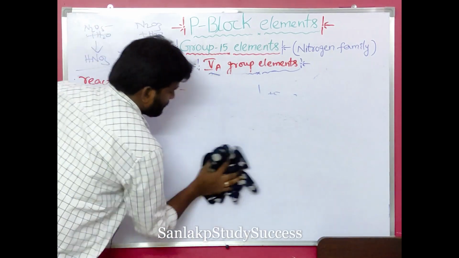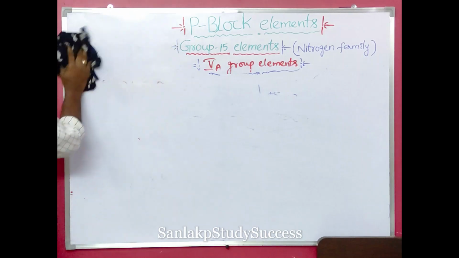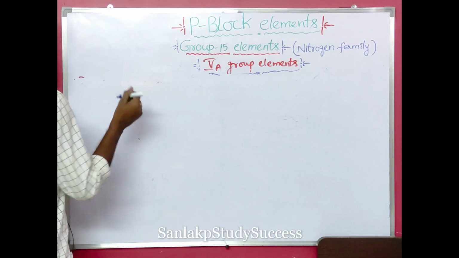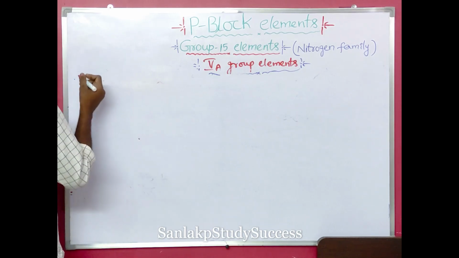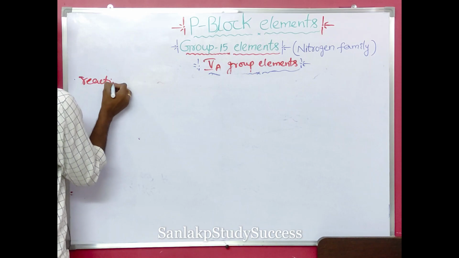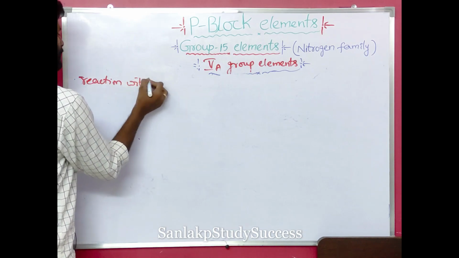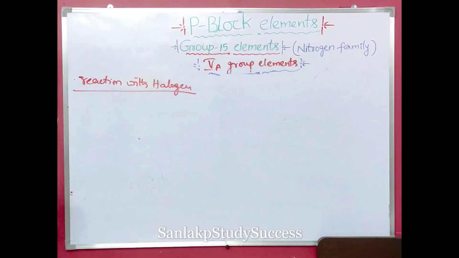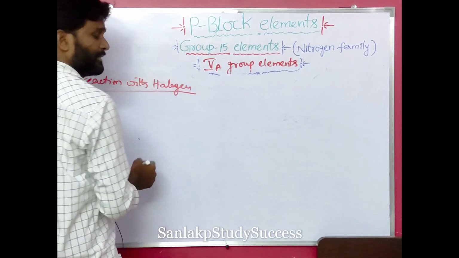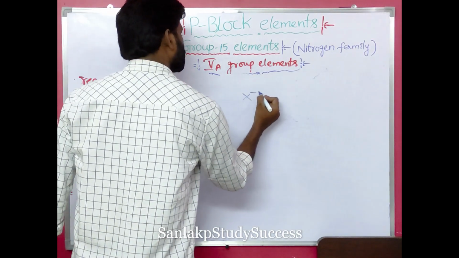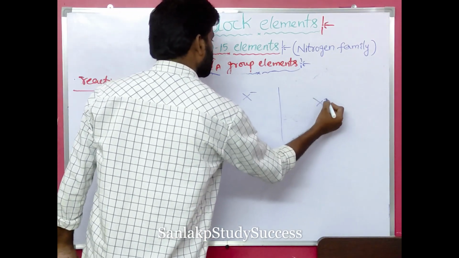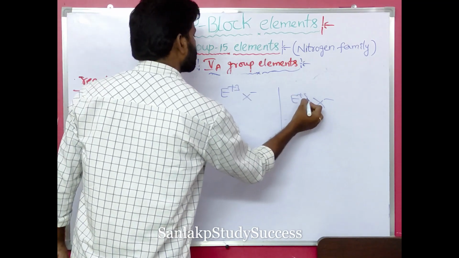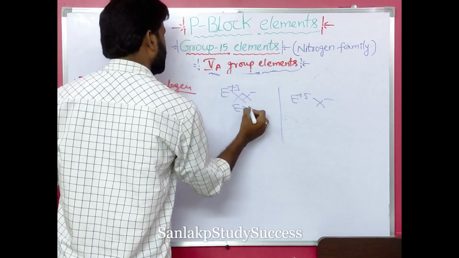Reaction with halogens. These elements react with halogens. Halogens can always show a minus oxidation state. What are the plus oxidation states of these elements? Plus 3 and plus 5. What is the formula?